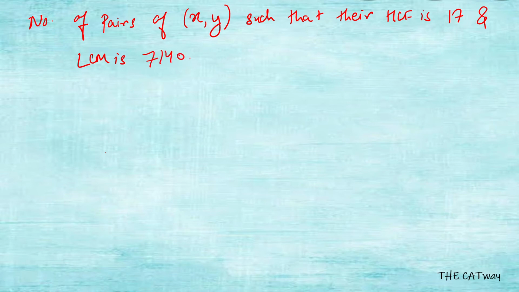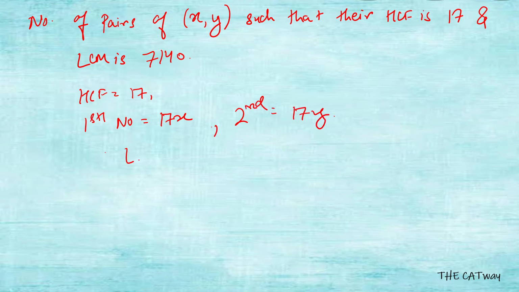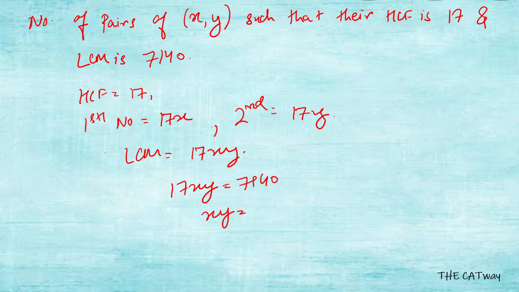So now we have our HCF equal to 17. So our first number would be 17x, our second number would be 17y. Also our LCM would be 17xy. We have been given that 17xy is equal to 7140. So xy will be equal to 420.